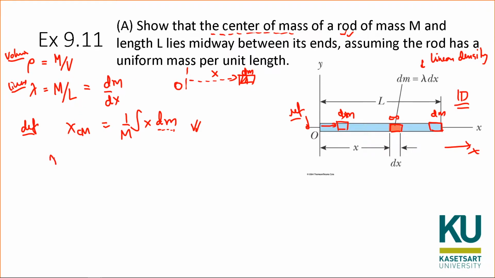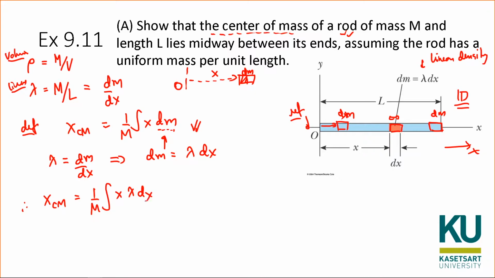Since lambda equals dm over dx, you can convert dm to lambda dx and substitute it into this expression. So finally x_CM equals 1 over m integrate x multiplied by lambda dx.